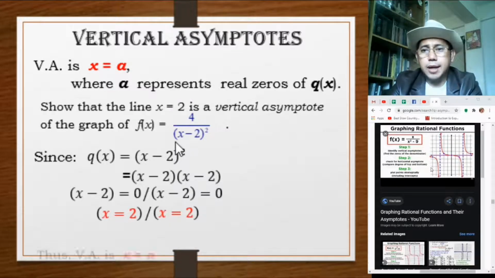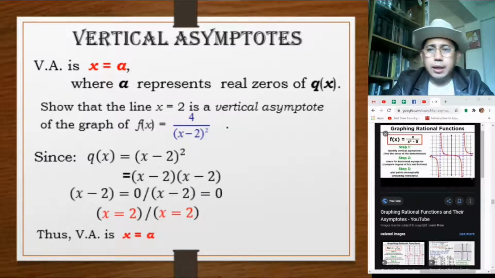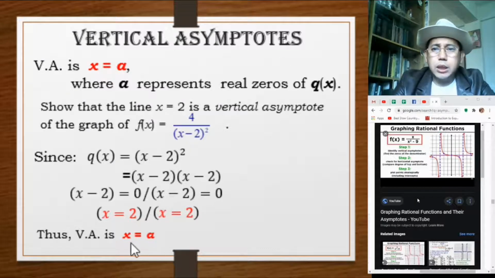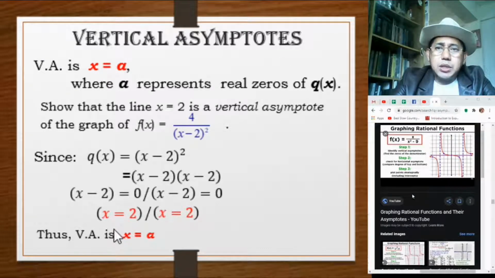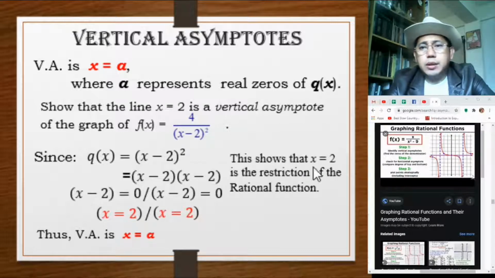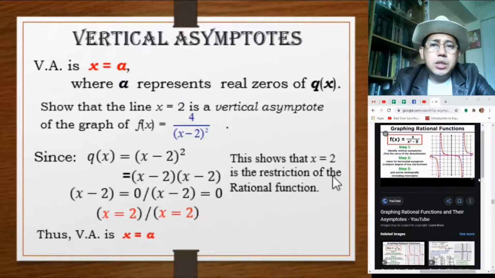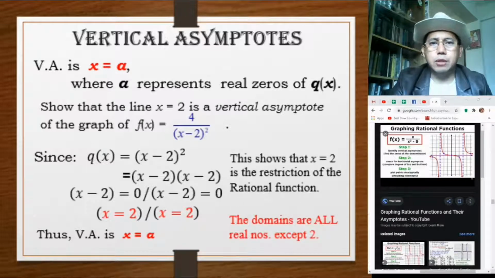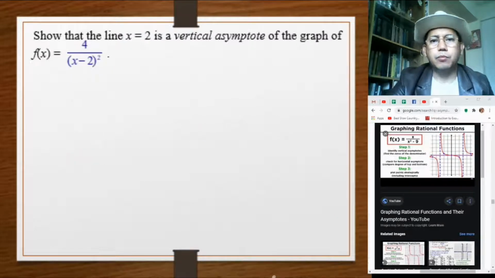But with that, our vertical asymptote would be x is equal to 2. This shows that x is equal to 2 is the restriction of the rational function. The domain of the rational function are all real numbers except positive 2.